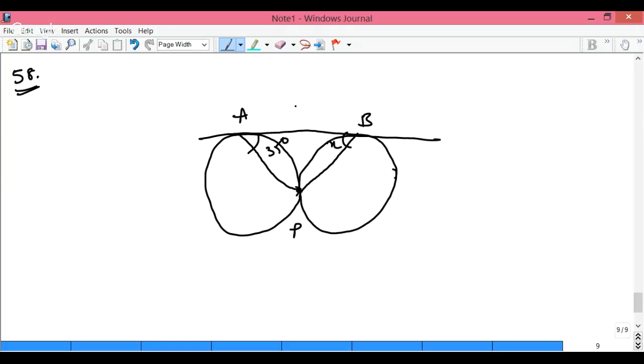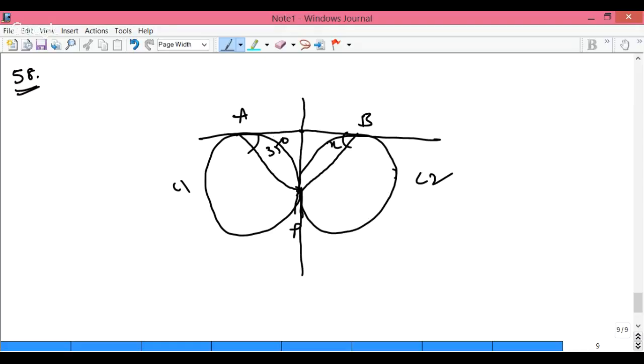Now draw a common tangent passing through P. Assume this is the external point from which we have drawn two tangents for circle 1 and circle 2.